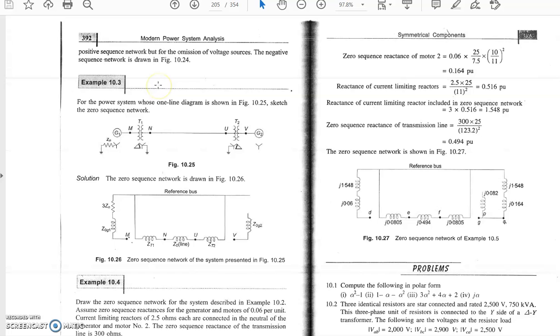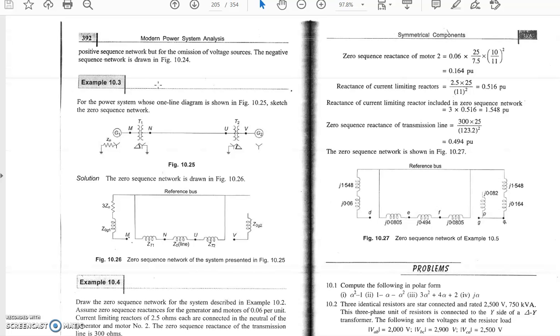A numerical may come on this topic, where some circuit will be given, and the question may be: draw the positive, negative, and zero sequence network of this circuit. First of all, you have to calculate the per unit values of the impedances.